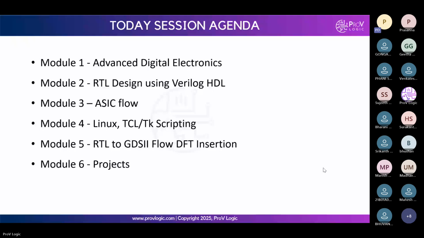Okay, is the screen visible to everyone? Yes, ma'am. All right. So again, I will start from the beginning. We were discussing what is physical design, and somebody gave me an answer saying that it is from circuit level to layout level.